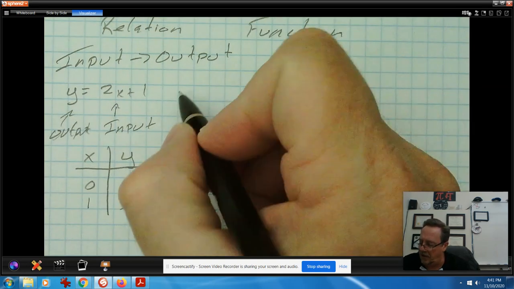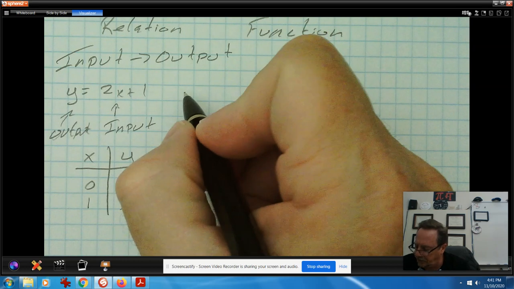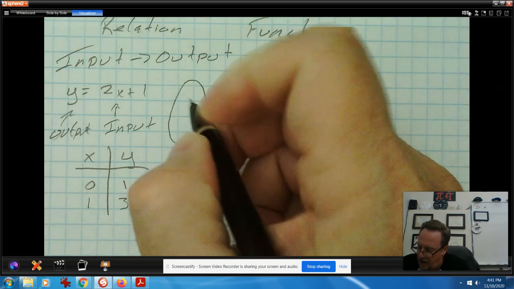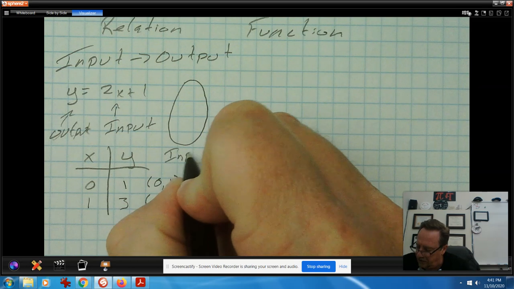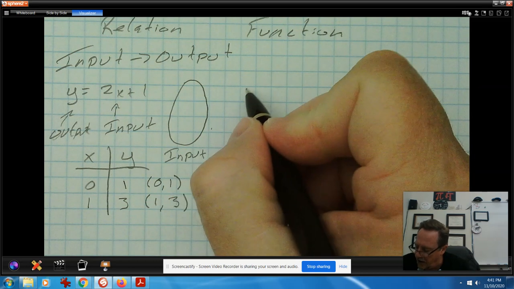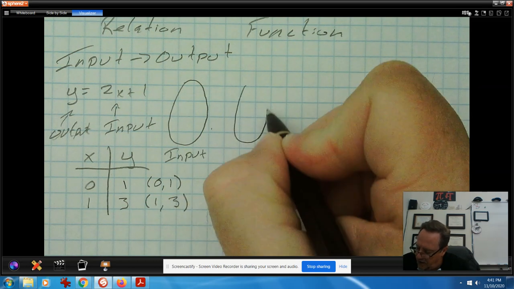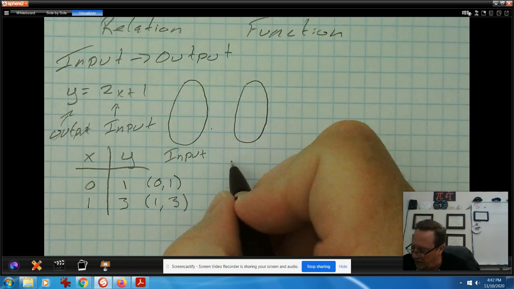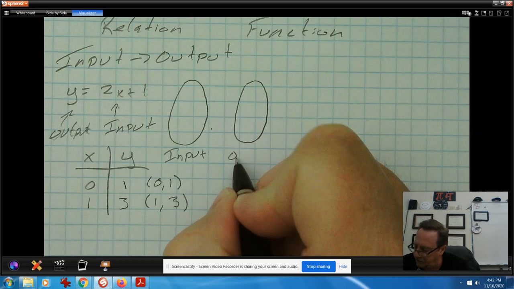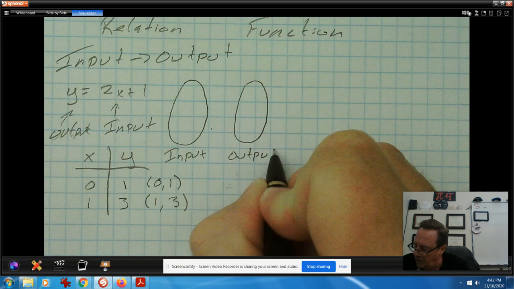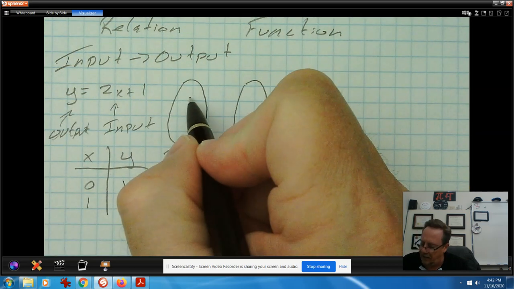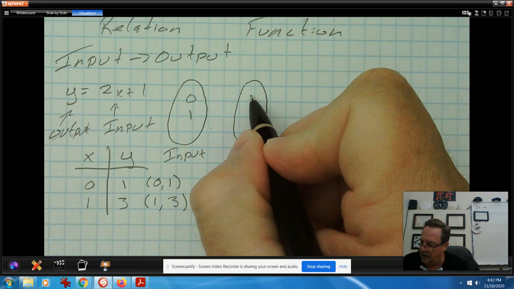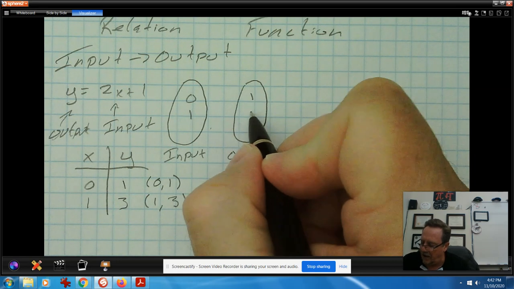There is something called a mapping diagram, where you're saying what your input values are and what your output values are going to be. It's like a Venn diagram. It's called a mapping diagram. We could represent the same thing. My input values so far are 0 and 1, and they get mapped to the numbers 1 and 3.